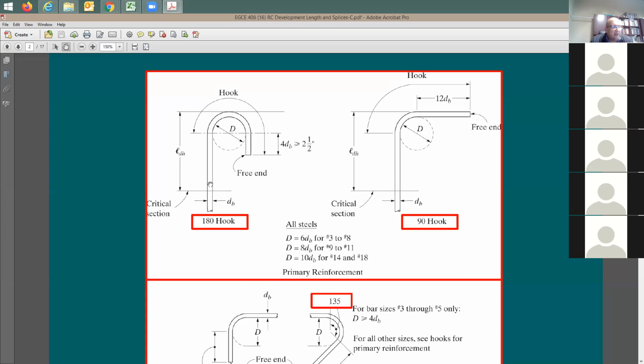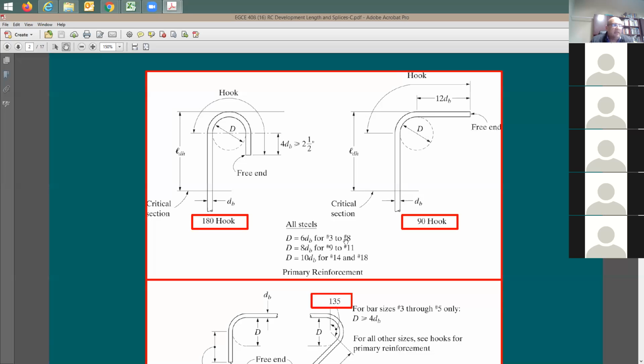You can just have the main rebar hooked like this. The reason they give you this dash is to tell you that in order to bend this rebar, you need to bend it on a given radius. This is for the bender, for the machine itself, and it's based on the bar size. Look at this. This is equal to 6 db for number 3 to number 8.